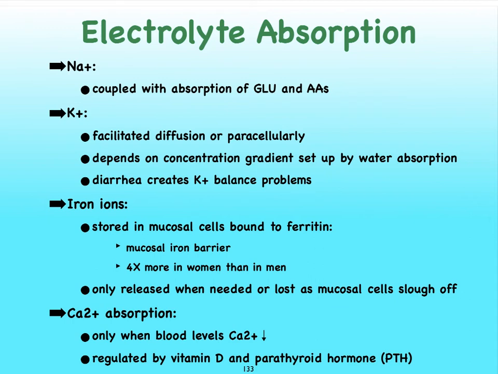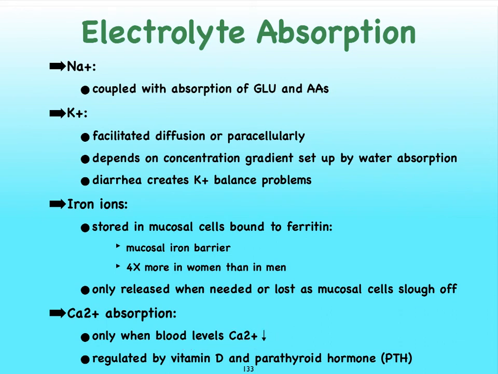And finally, we should say a few words on the slide about calcium. Remember that calcium needs vitamin D in order to be absorbed in the gut. It also depends on parathyroid hormone, which is secreted by the parathyroid glands in response to dropping blood calcium levels.